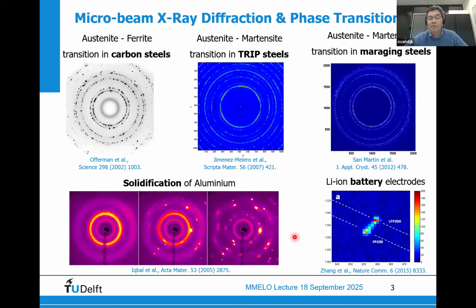So you can also follow how the solid phase forms and grows inside the liquid. And finally, we've also done some phase transformations in electrode materials for lithium batteries. So the power of that is that you can do in situ studies and time resolved information without having to cut open your system.